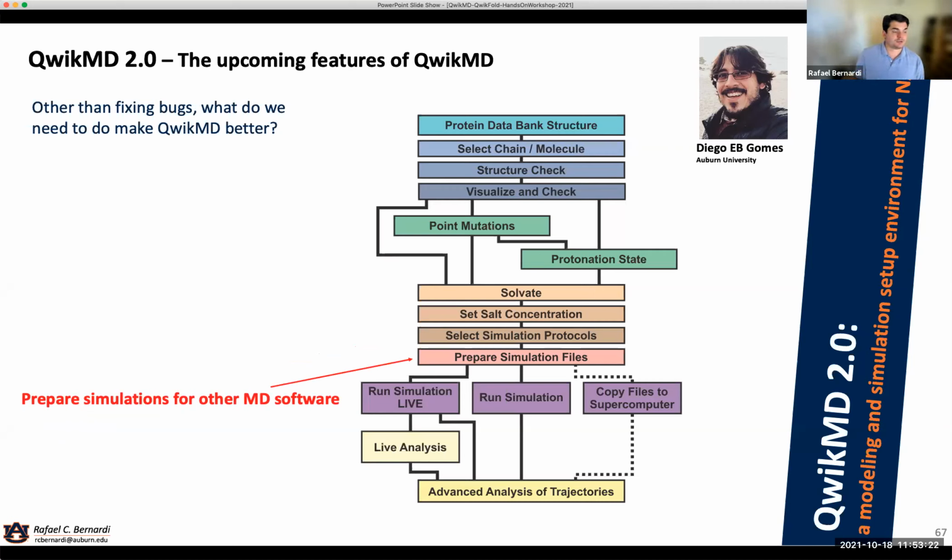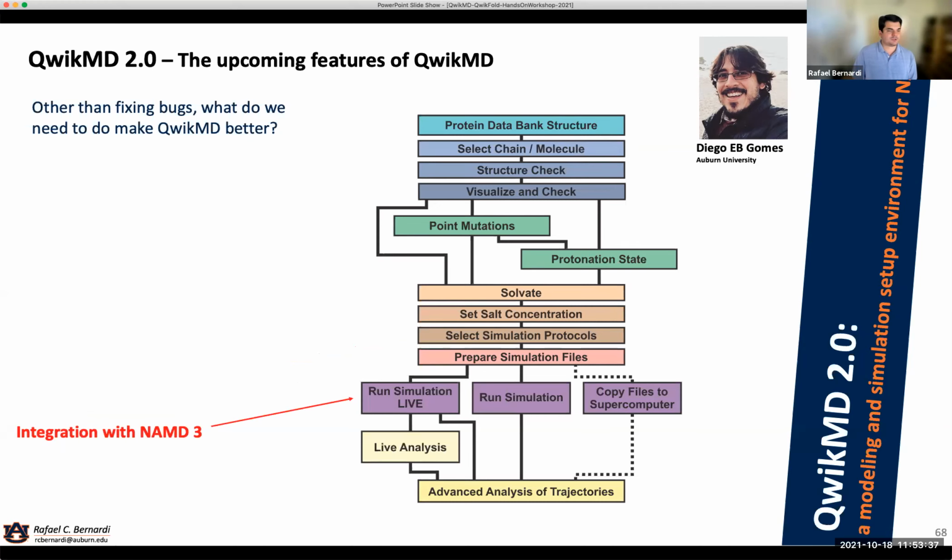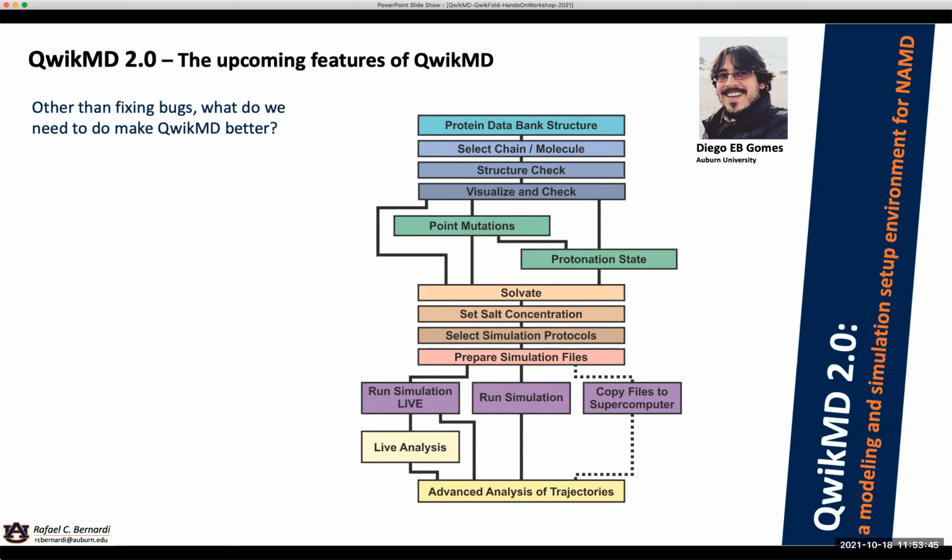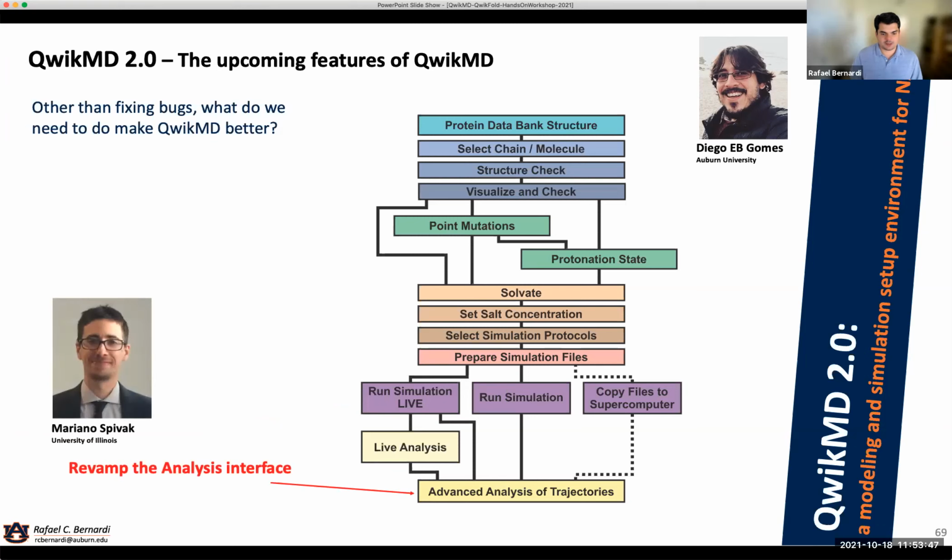There is a way right now to convert NAMD files into GROMACS files inside VMD. That's like Topo tools, and we want to use that to convert it. And we also want to better integrate it to NAMD3. Right now, when you prepare it, it assumes you're using NAMD2, but we also want to integrate that better with NAMD3.